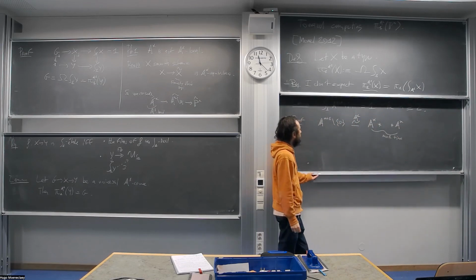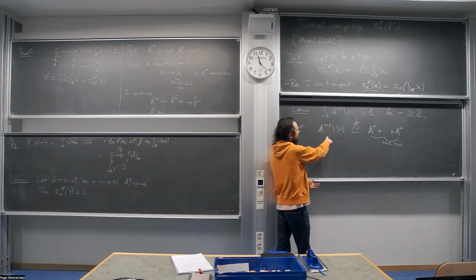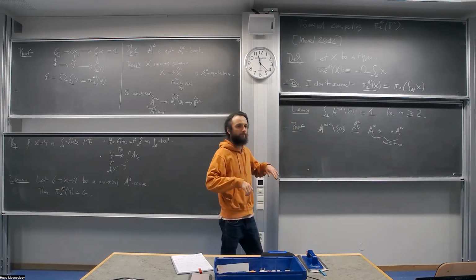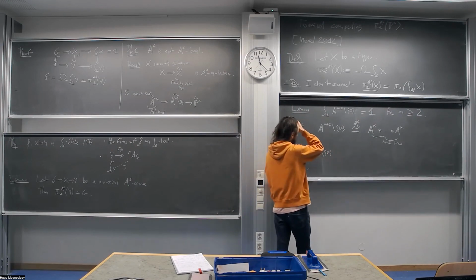And so the idea of the proof is to cover this by two pieces. So maybe I do it with A^2 minus 0.